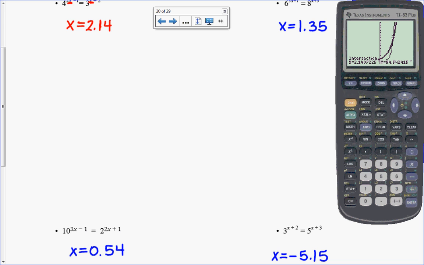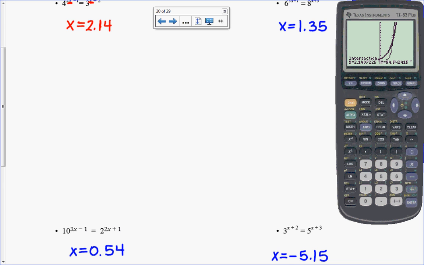So 2 different methods that we have learned to solve exponential equations. You can make a common base and then just solve the exponents at the top for x. Or if you have ones that you cannot make a common base, you take the log of the left side equals the log of the right side and solve for x.